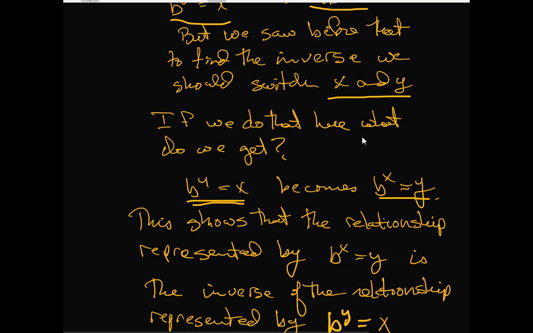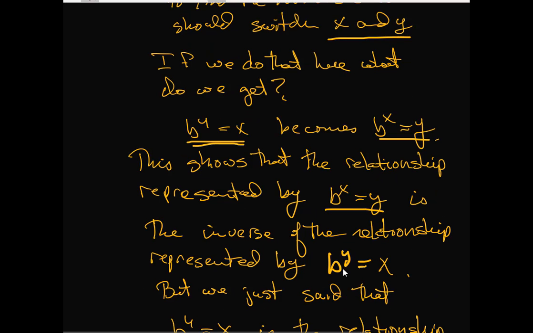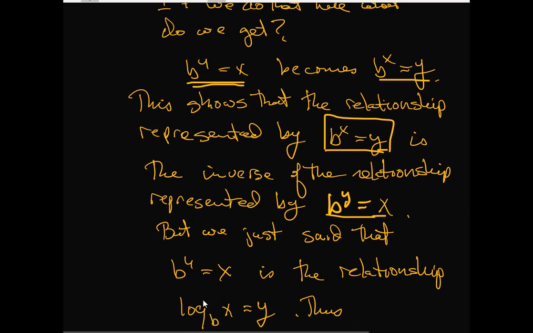And this shows that the relationship represented by b to the x equals y is the inverse of the relationship represented by this, but this is the log relationship. This is just another way of writing the log relationship.